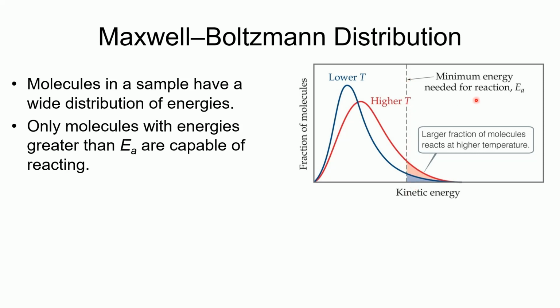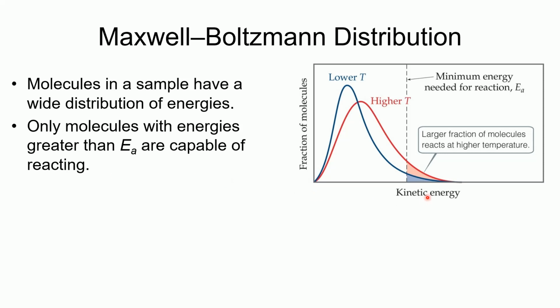And that dotted line represents the activation energy. So any molecules that have more energy than the activation energy will have the potential to react. Doesn't mean they will react, it just means they have the potential to react.